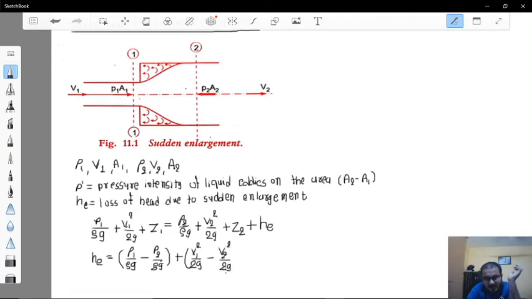Z1 and Z2 are cancelled because they are at the same height. So we will leave this head loss over here and discuss slightly different thing.